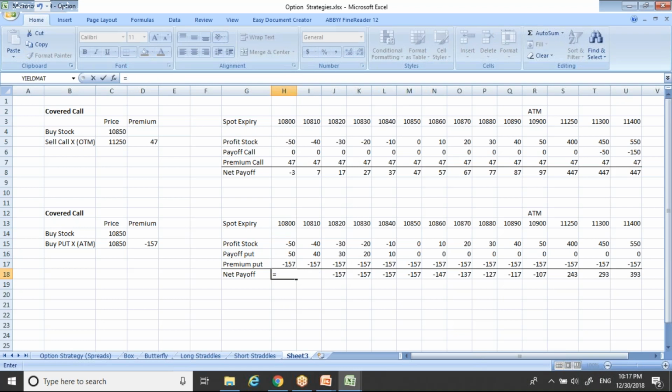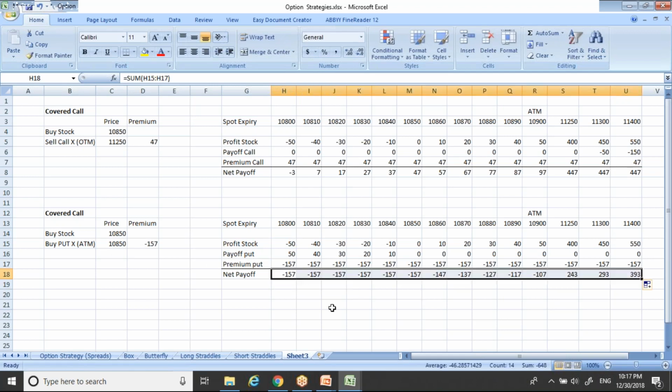So your net payoff is 157. That is your loss. And here also your net loss is 157. Here also your net loss is 157.